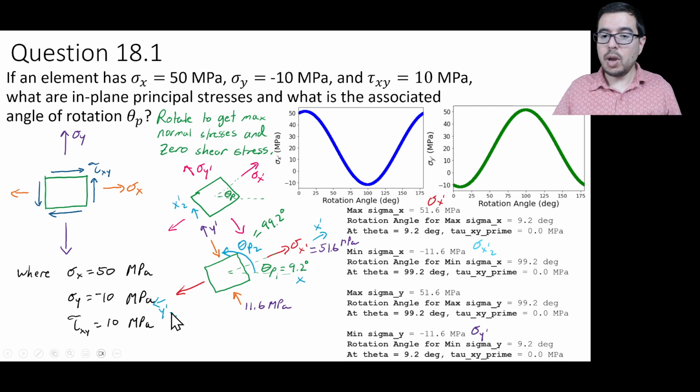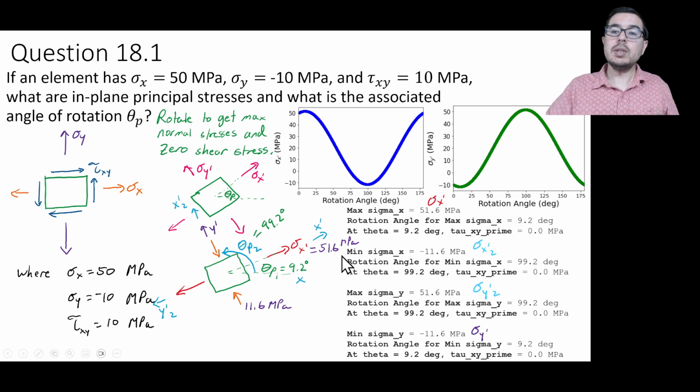And y prime 2 is 90 degrees off from x prime 2, or x2 prime, however you want to say it. And we see that there is a given value for the maximum y that is at 99.2 degrees. So again, that's going to be 51.6 megapascals, what you see there.